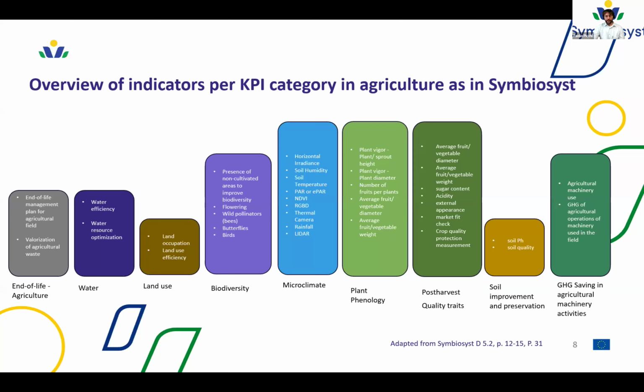As you can see, there is a huge number of indicators that can be used for categories like end-of-life, agriculture, water, land use, biodiversity, microclimate, plant phenology, post-harvest quality traits, soil improvement and preservation, and global greenhouse gas emission savings in agricultural machinery activities. Especially with regard to plant phenology, microclimate, and the quality of crops, there is so much to monitor.